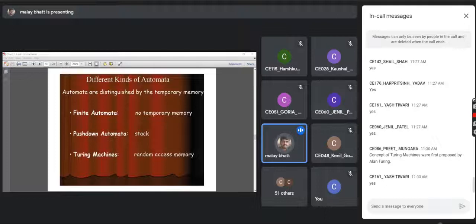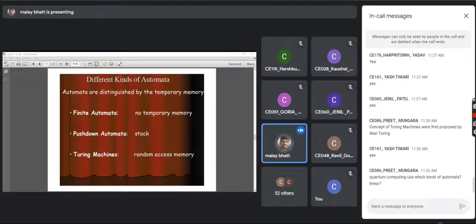And in the Turing machine, we are considering infinite random memory, and we'll compare that with a real computer, the highest powerful machine. We can say your four-wheeler or your dream car, which is more powerful, more capable to do any task. So that is how we can consider the Turing machine.